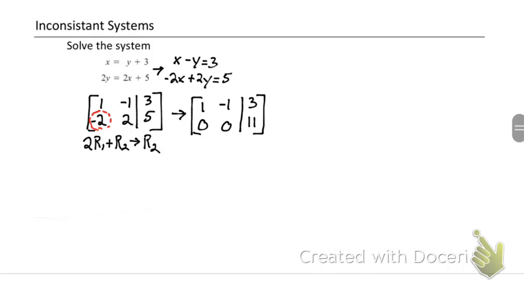Which looks just like our 0 row, except this time I have a row that says 0 equals 11. So Liam, if I give you $0, will you give me 11 back? This says 0 equals 11. No, that's a false statement. That is false, so it is inconsistent.